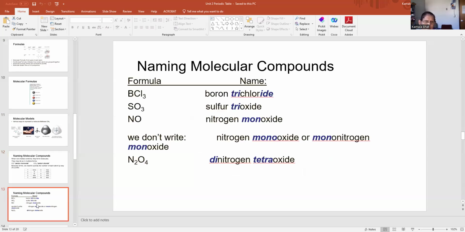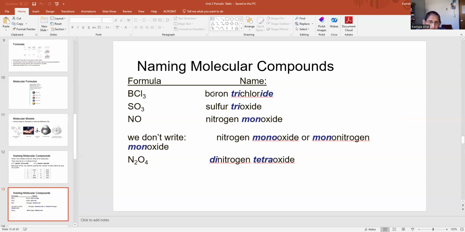Many times the first element generally is not given a prefix, but sometimes it may be required to give the prefix for both the nonmetals. In this case, for example, boron trichloride.